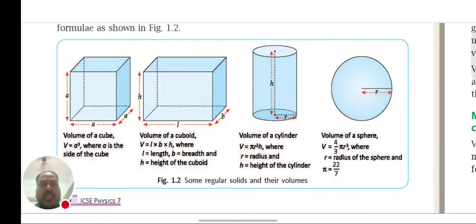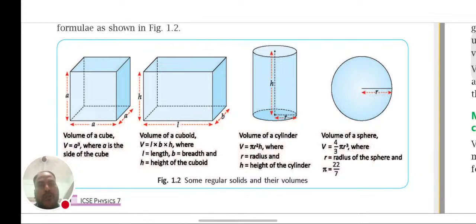In the volume of cuboid, V equal to L into B into H, L stands for the length, B stands for the width, and H stands for the height of the cuboid. In the cube, each and every side is equal. That's why V equal to side into side into side, three times, so it becomes a cube.